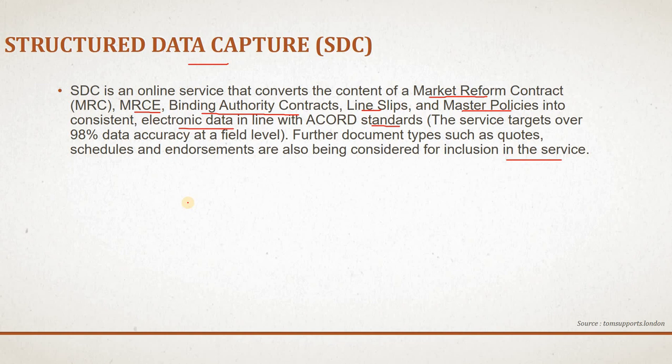So this service provides the functionality which will automatically convert the data from MRC, MRCE, binding authority contracts, line slips, or master policies into digital form. As I said earlier, we will discuss structured data capture later on in greater detail.